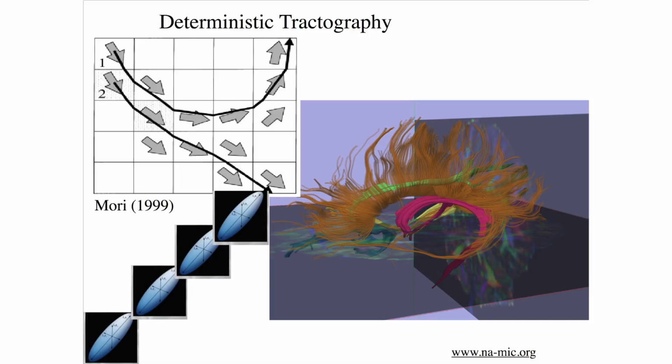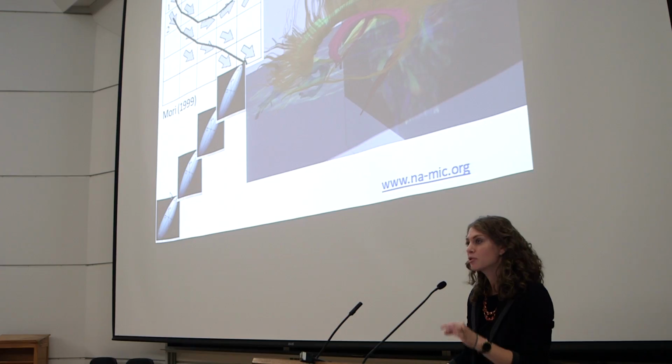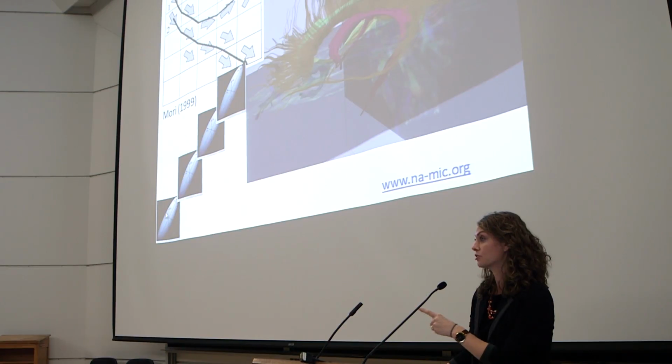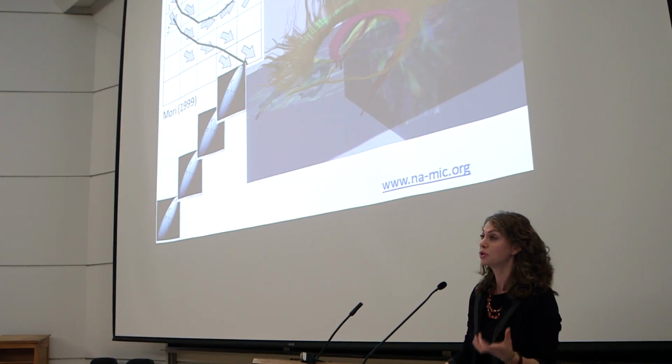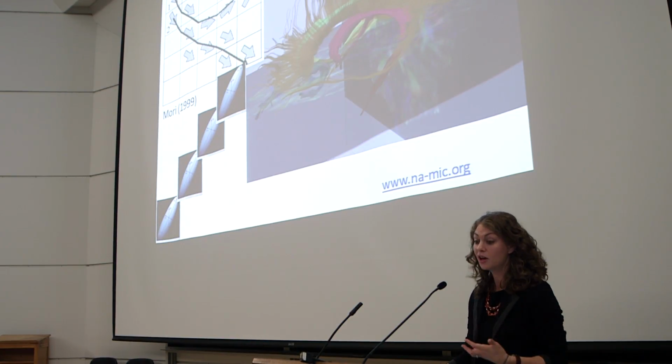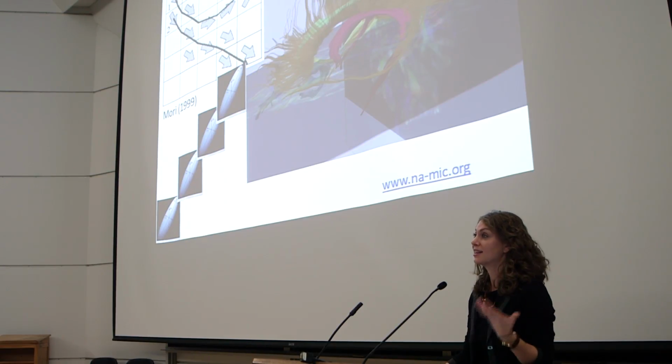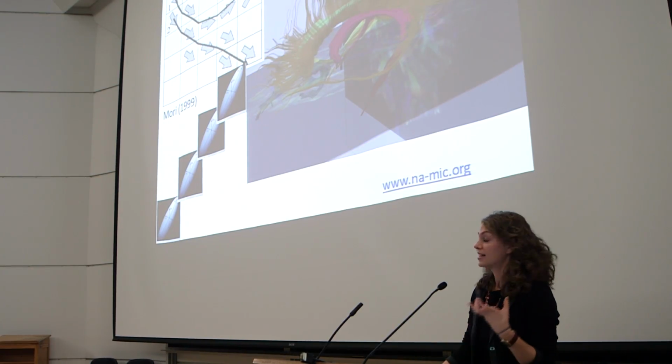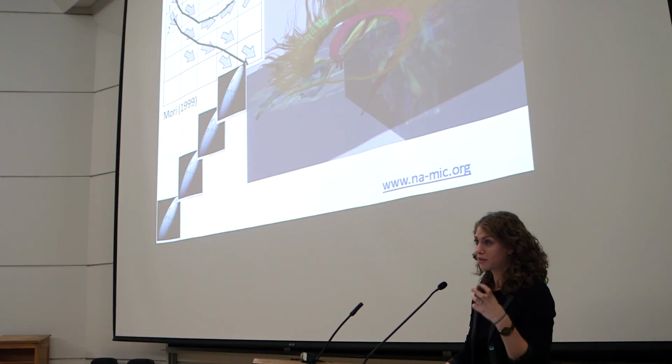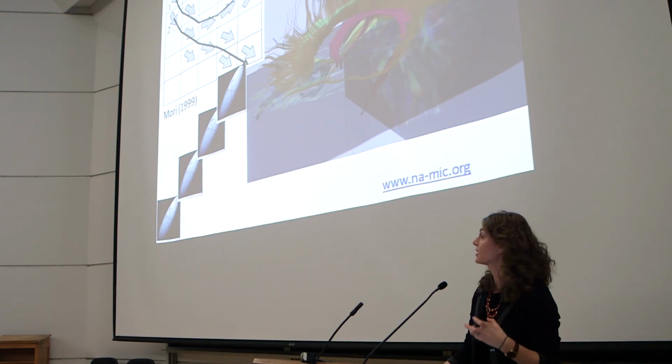This is one method of doing this, but you just take information from neighboring pixels that have similar types of information, and you can reconstruct the trajectory of the white matter track, and you end up with these beautiful, beautiful pictures. And this is actually why I ended up doing imaging, because I love learning about networks, and this was the first time that I was ever able to see the three-dimensional aspects of these networks.